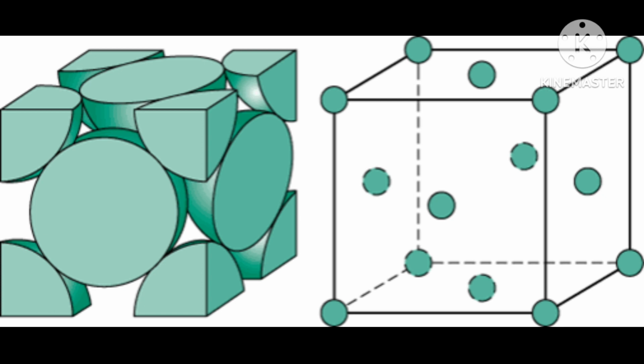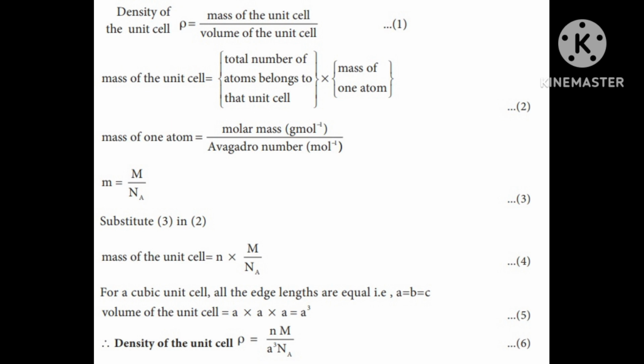Here you should know, I have already discussed in the previous classes, in the beginning only, that Avogadro number is equal to 1 mole. The mole concept, that time only I have discussed.